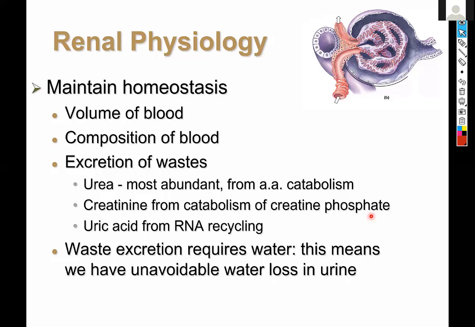And remember the phosphagen system, which is creatine phosphate. Creatine phosphate is a phosphate donor, so you can take phosphate off of creatine phosphate, add it to an ADP and get ATP, and then creatine results, and that's changed into creatinine and you pee it out.